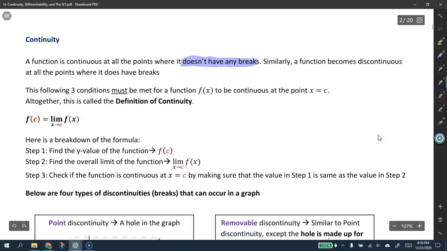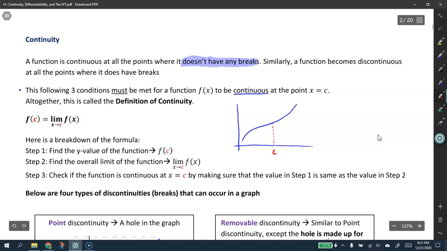Next, there are 3 conditions that have to be met in order for us to call something continuous. Most of these conditions can be understood if you simply look at a picture, so as I talk about these, I'm going to draw a quick little graph here. Let's suppose that you had a graph of a function that looks like the following, and let's take a point c on this graph.